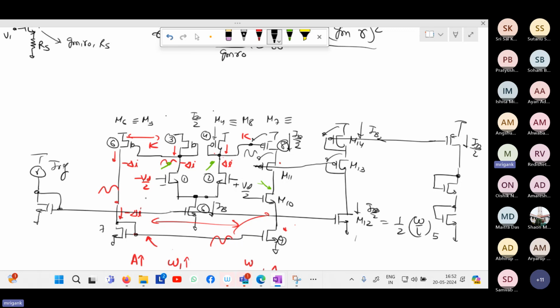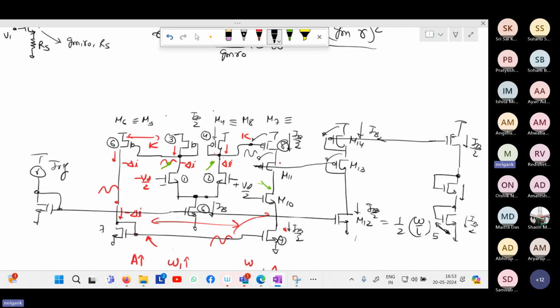So now the same thing, IB by 2 flowing here, IB by 2 in these two, and if this is also biased in a similar manner so that it is creating IB by 2, and here also is having IB by 2. Therefore, if the W by Ls are matched, this will also have the same VGS.